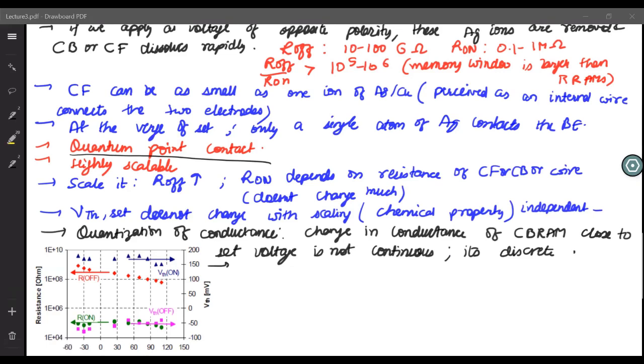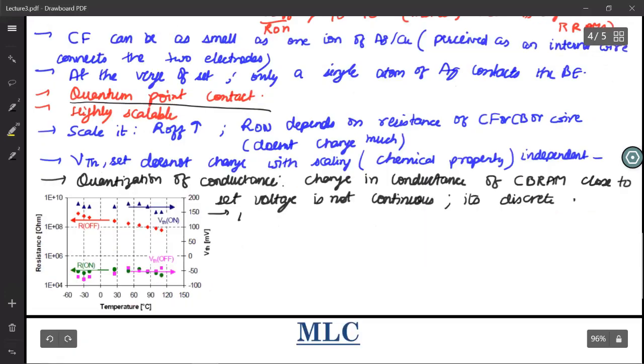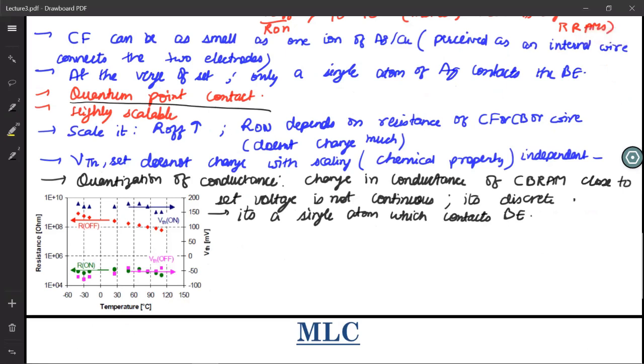Because it's a single atom which contacts the other electrode, so the transport becomes not continuous but discrete. And what is another property?